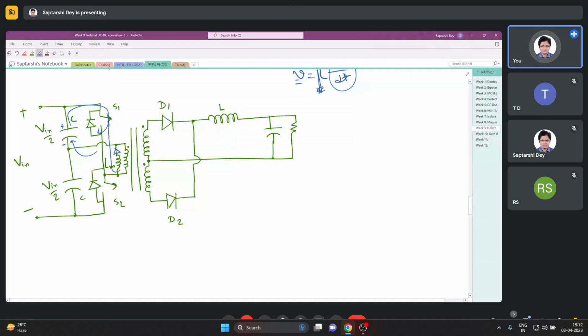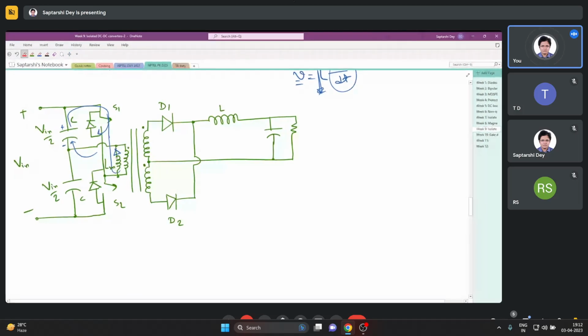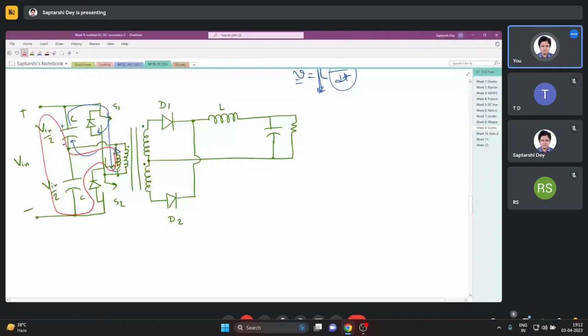Now when S1 is turned off, this current will find a path through this diode. In this way it will find a path. So the reset voltage is Vin by 2.